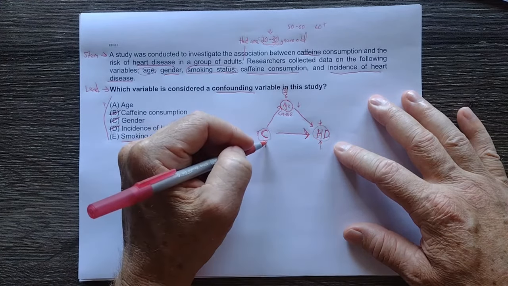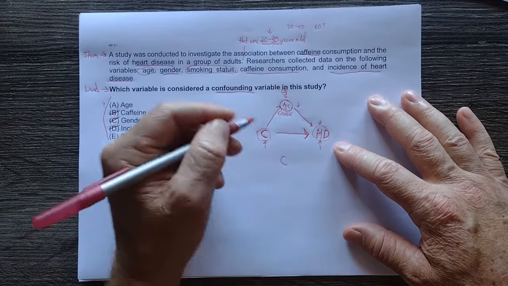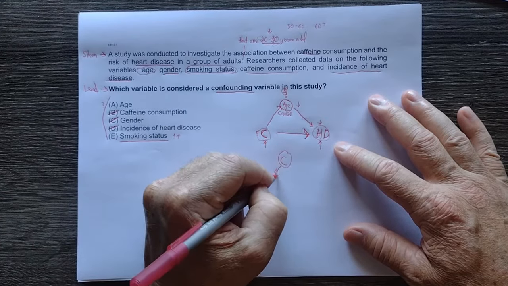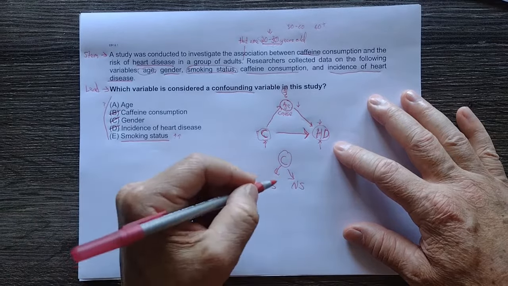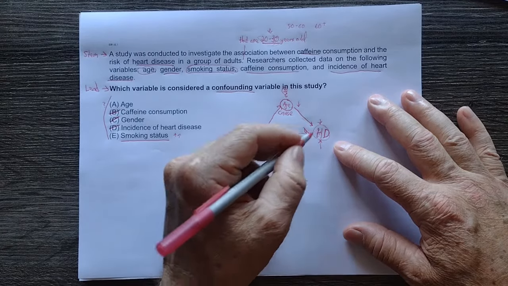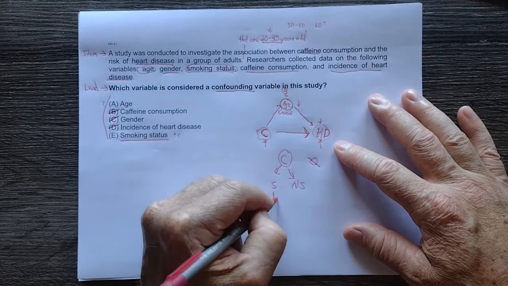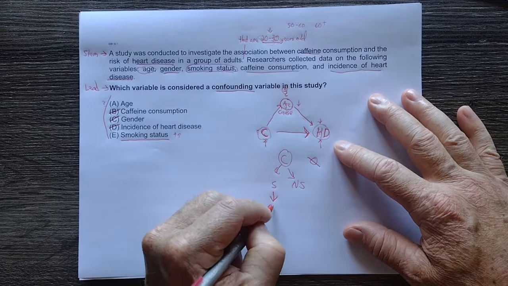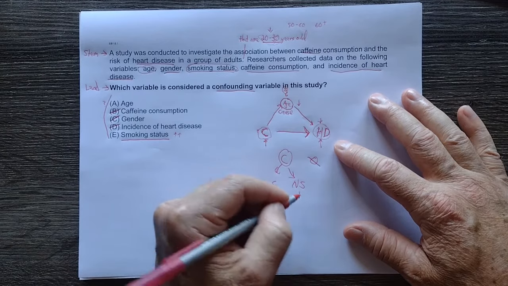But when they stratified by smoking versus non-smoking, the association between caffeine and heart disease went away, and they found that the increased heart disease was in the smoking group and not in the non-smoking group.